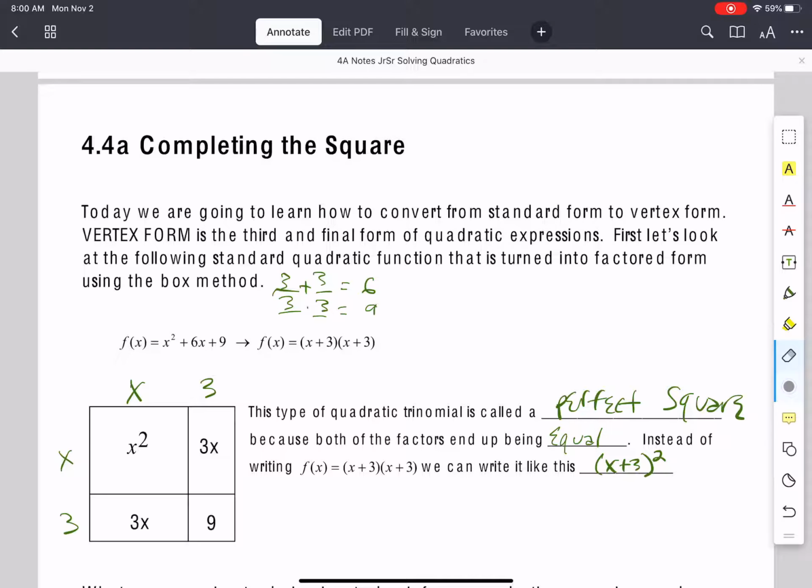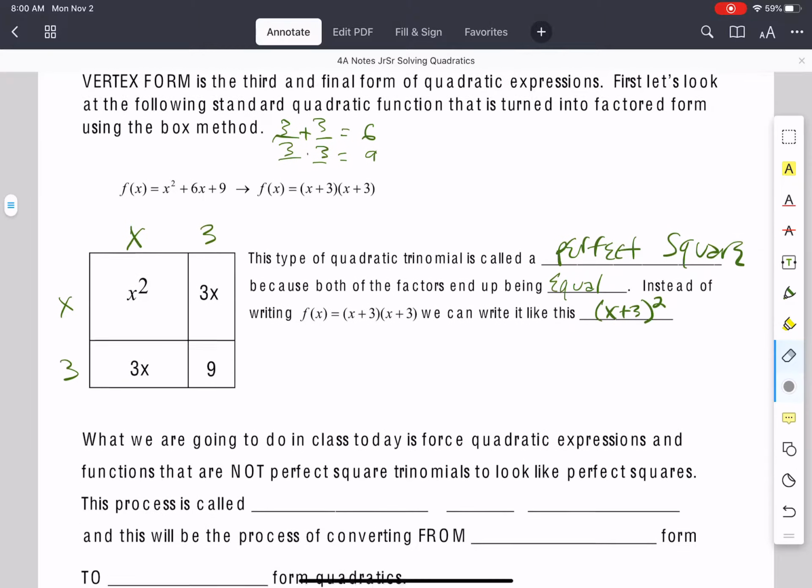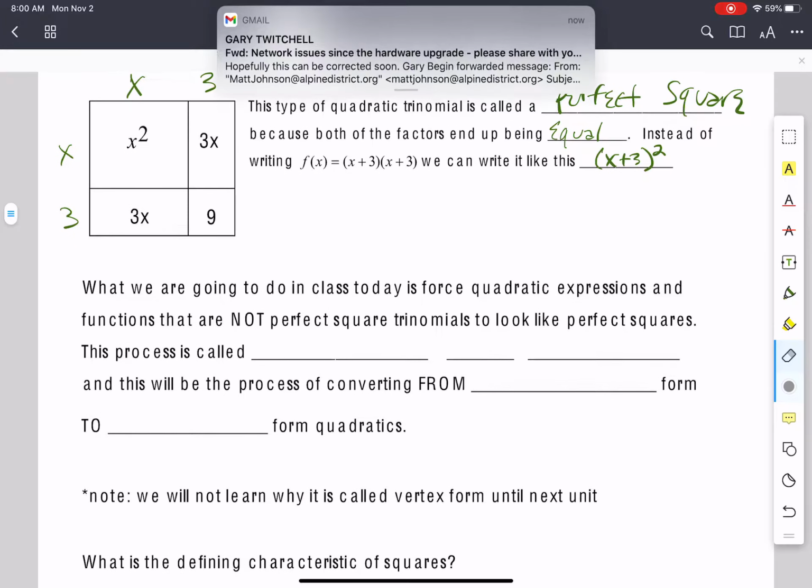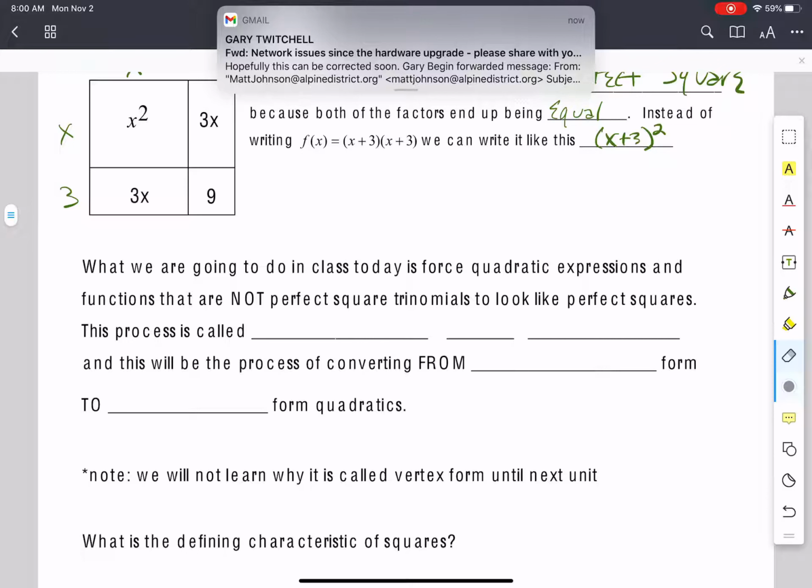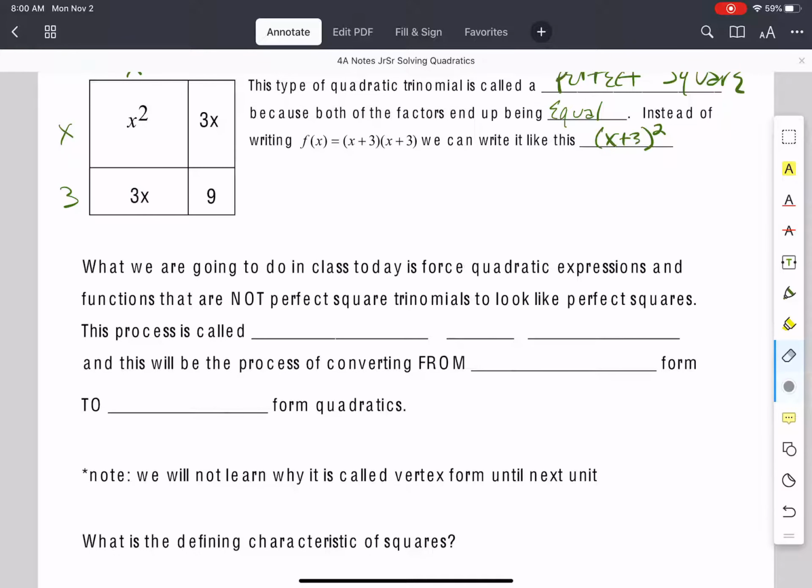Now, what vertex form is, we are going to force things that are not perfect squares to actually look kind of like perfect squares. What we are going to do in class today is force quadratic expression functions that are not perfect square trinomials to look like perfect squares.